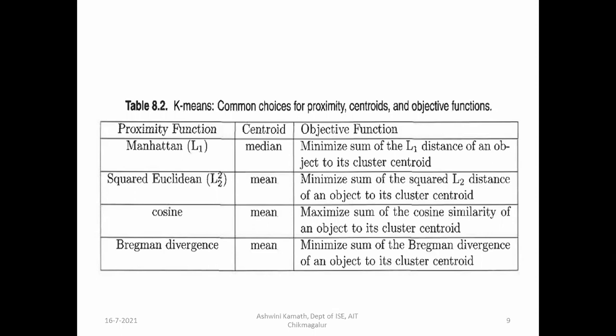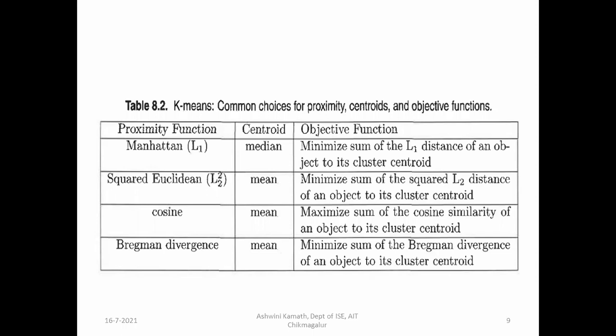For example, if we have values like yes and no, and we have yes more number of times, then yes will be the median, and if we have no more number of times, then that will be the median. The objective is to minimize the sum of the L1 distances of an object to its cluster centroid. This is done for each point in the cluster.